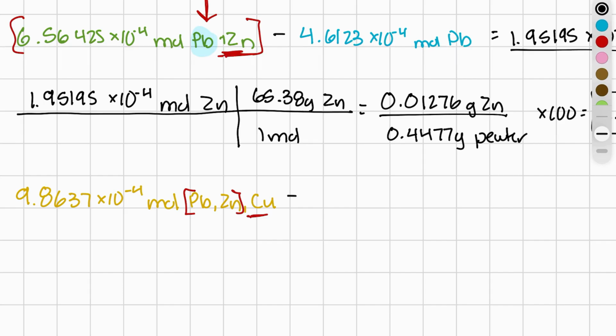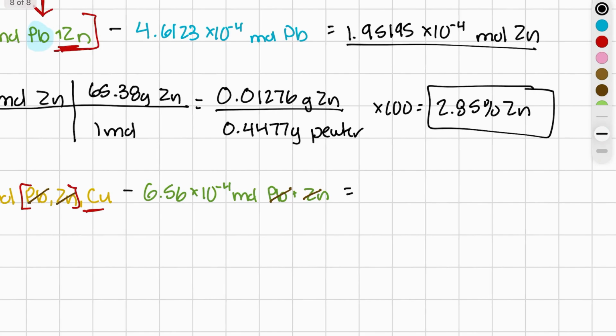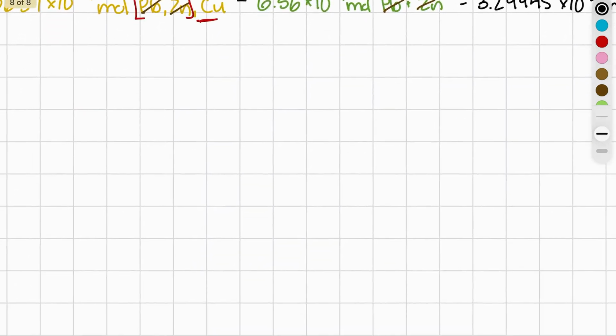So I'm going to say minus 6.56 times 10 to the negative 4 moles of Pb and zinc. So as you can see, it gets rid of these, and I'm just left with copper. And that's going to tell me that I have 3.29945 times 10 to the negative 4 moles of copper. And this is great because, again, we can find the percent of copper now.